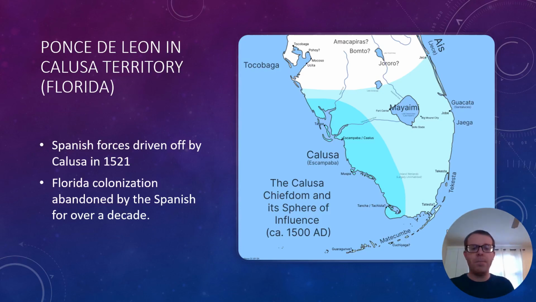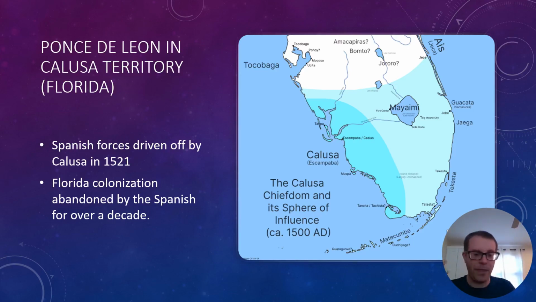Ponce de Leon first explores around Florida in 1513 and encounters the Calusa people, who live on the coast of modern-day southwest Florida, and engages in a brief naval fight.